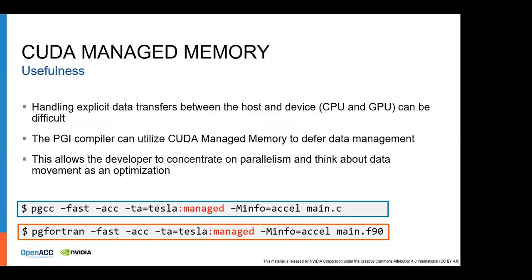When you are compiling with managed, all the heap data, meaning the data allocated in the heap through allocate in Fortran or malloc in C, will be managed by the operating system and the driver, and automatic transfers will occur when you run your code.